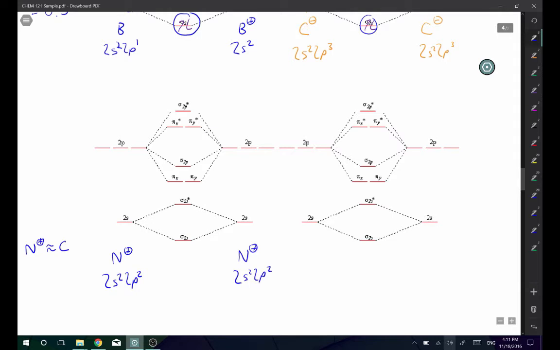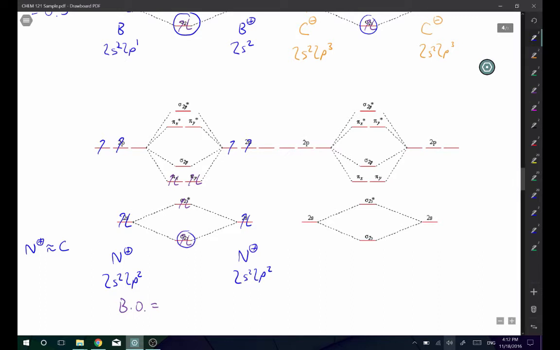And if you fill up the electrons here, you have 1, 2, 3, and 4. And also the same on the right hand side, 1, 2, 3, and 4. And if you fill in the electrons there, I'll do that in purple, you'll have 1, 2, 3, 4, 5, 6, 7, and 8. So it looks like you only have 8 electrons. What's the bond order? The bond order is equal to, how many bonding electrons do we have?